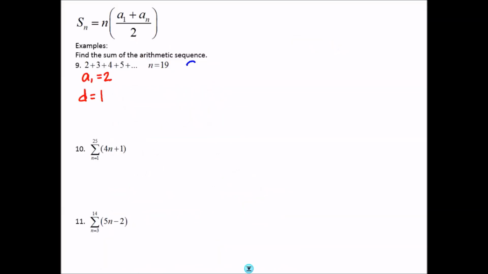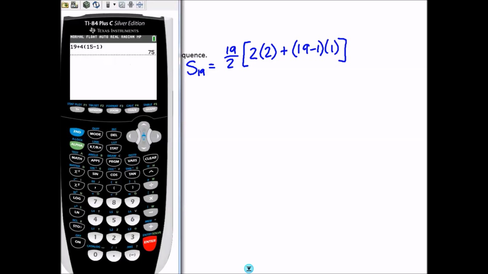So we have that the sum of the first 19 terms equals n over 2 times 2 a sub 1 plus n minus 1 times d. And then we can just type it in the calculator.